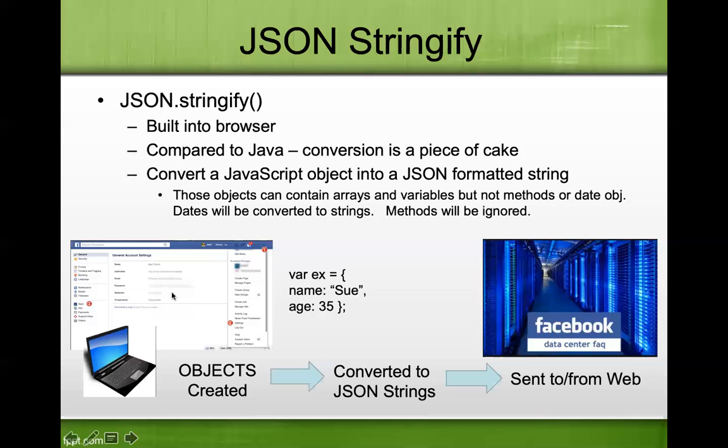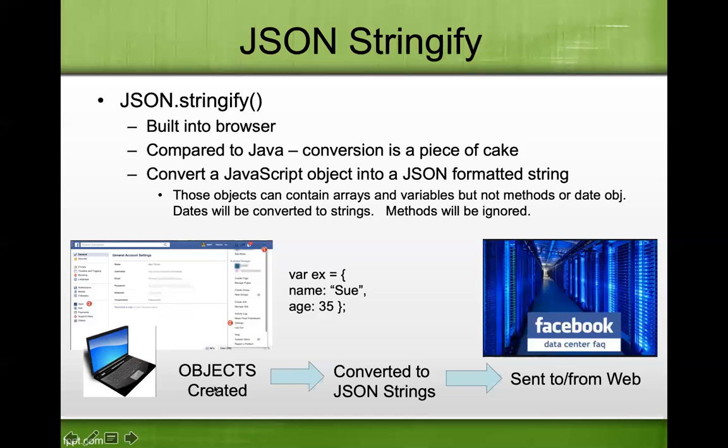So I made a little picture here. This is Facebook. Here you are on Facebook at home. Facebook at home on your computer is basically creating objects, as I'm assuming it's written in Java or JavaScript or something like that, where you're working with objects.